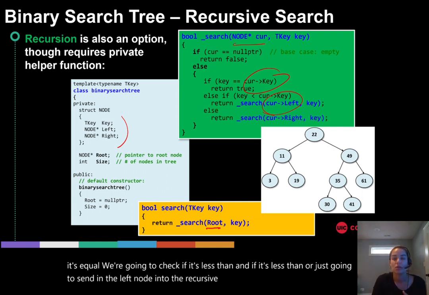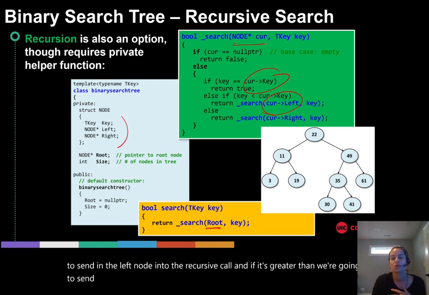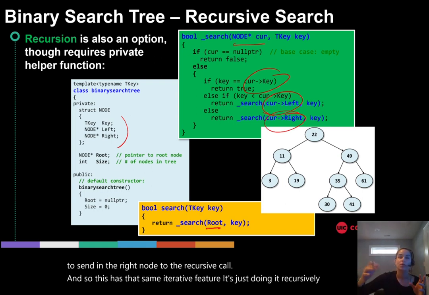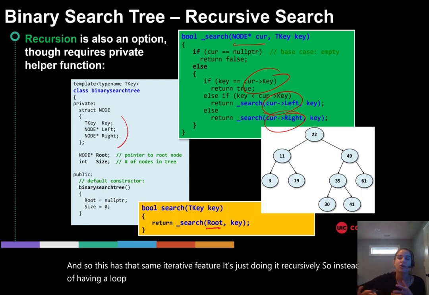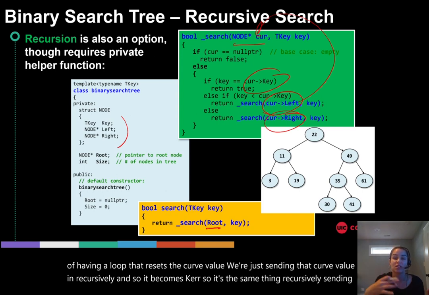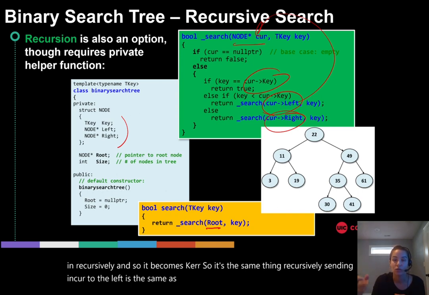And if it's greater than, we're going to send in the right node to the recursive call. So this has that same iterative feature, it's just doing it recursively. Instead of having a loop that resets the cur value, we're just sending that cur value in recursively, so it becomes cur. So it's the same thing. Recursively sending in cur to the left is the same as iteratively setting cur equal to cur to the left.